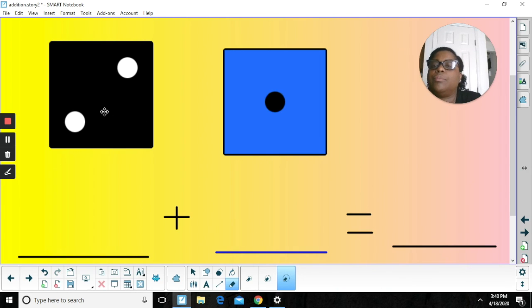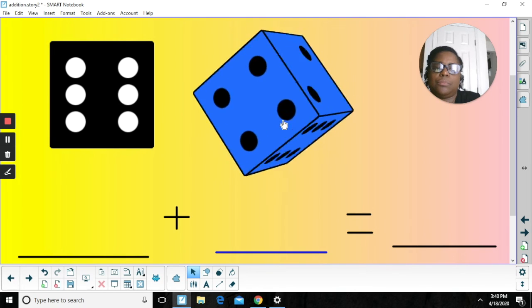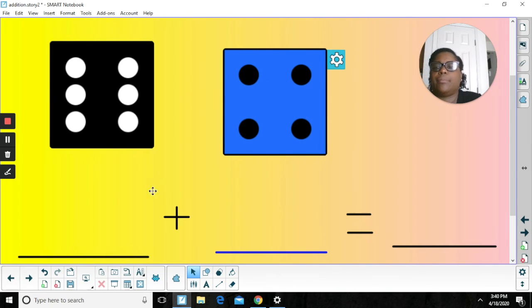And let's move the die again. Okay, so let's count how many counters you're going to need. For this one, 1, 2, 3, 4, 5, 6. So take out your 6 counters. How many counters do you need for this die?